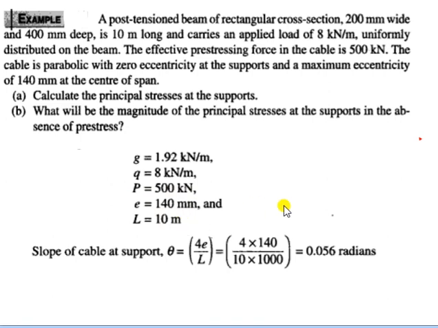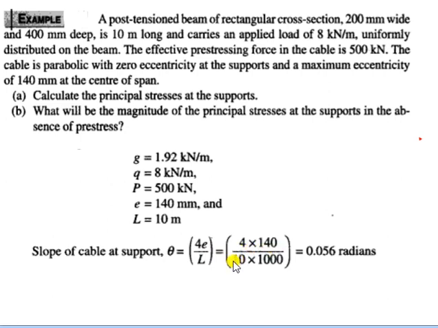We know that for a curved cable, shear force is equal to V minus F sine alpha, or F sine theta. To calculate theta, the slope of the cable at the support, theta is equal to 4e by L, which is equal to 4 into 140. Here e is the eccentricity, or rise or dip of the cable.